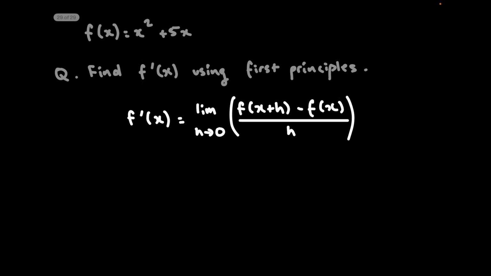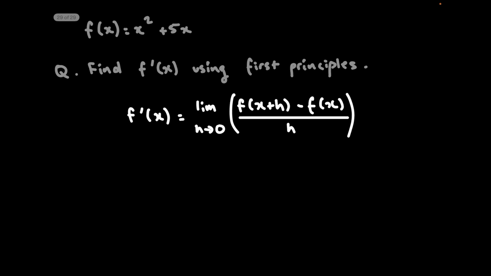So if we were to continue with this, f of x is at the top here. We know f of x is this. So if we want to work out what f dash x is, we first need to work out what f of x plus h is. And we know that f of x plus h simply means changing our input to x plus h.